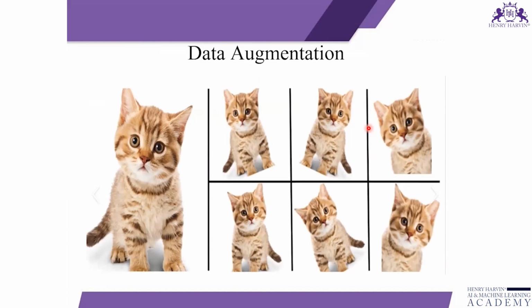If you see some cat images, and I take the mirror image, if I flip it, then I have created a new image. Some of you may argue that it is not a new image, it is almost the same image, but it is actually capturing new features when you do data augmentation. It may not give you as much removal of overfitting as a new data set would, but it adds some value.